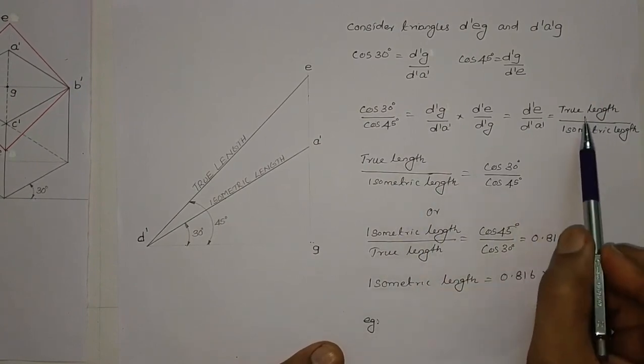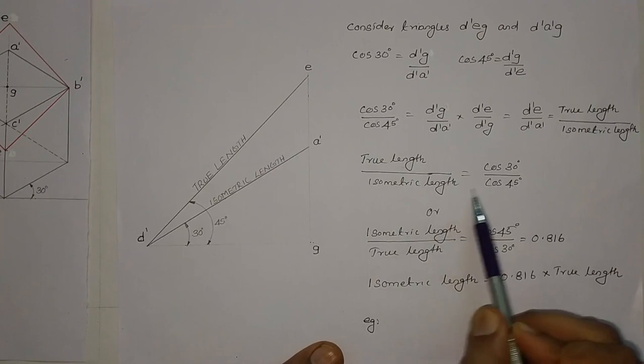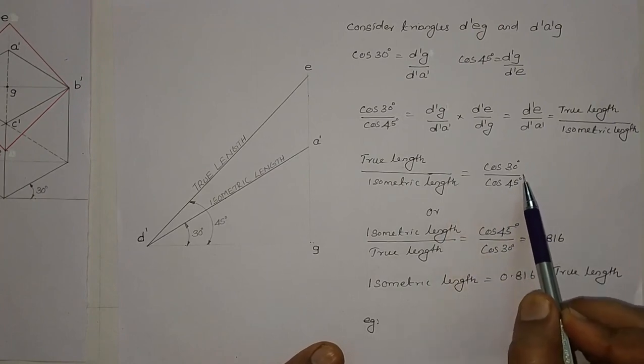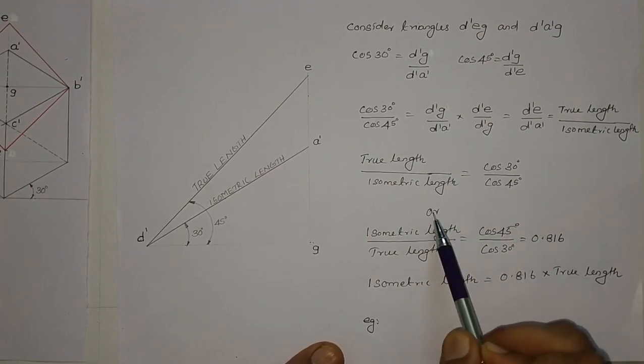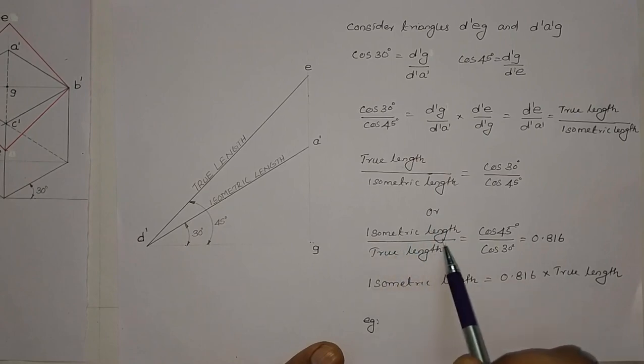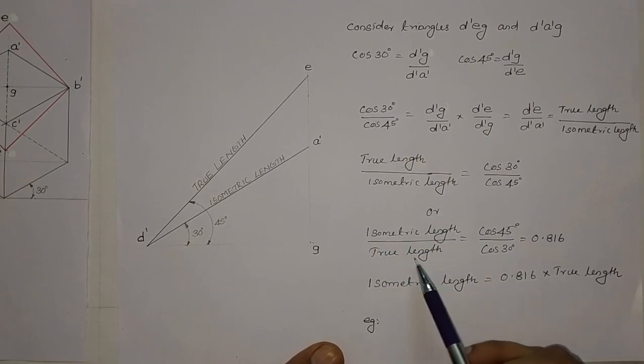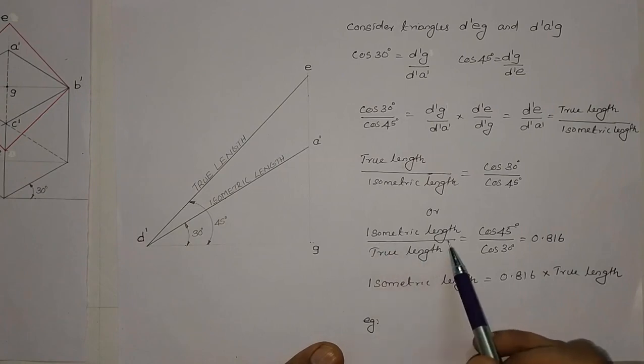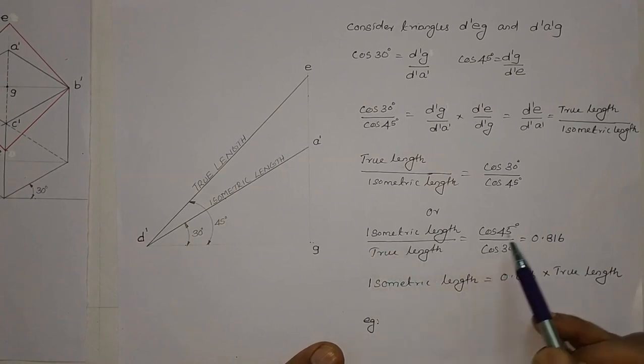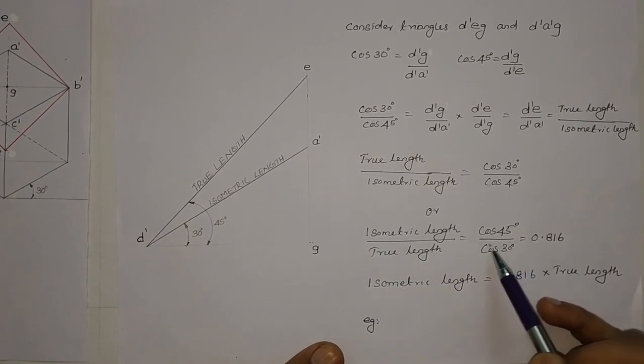So true length divided by isometric length is equal to cos 30 divided by cos 45, or else we can write it as isometric length divided by true length. We are just taking the inverse. Isometric length divided by true length is equal to cos 45 divided by cos 30.